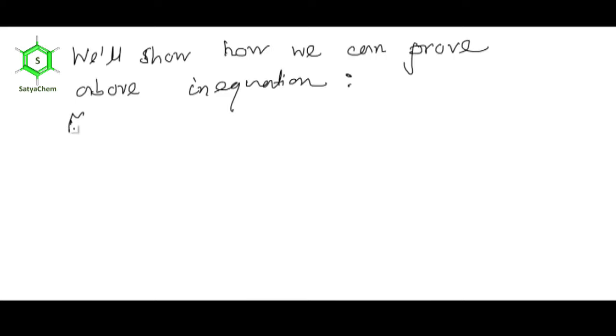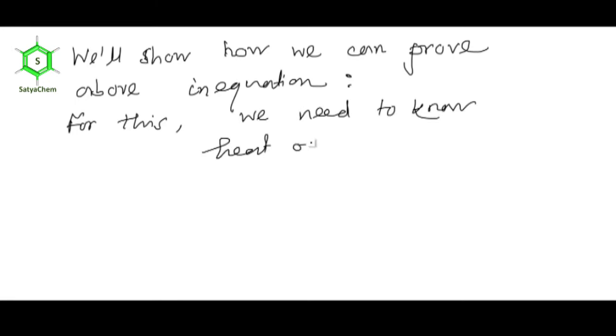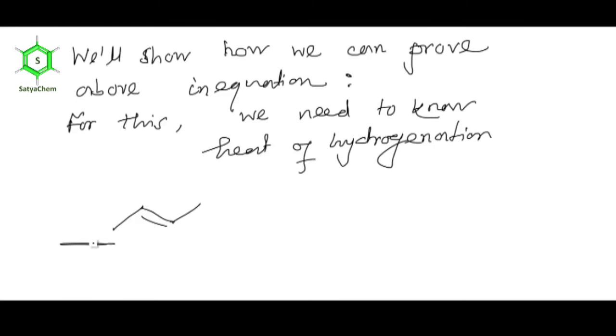For this, we need to know the heat of hydrogenation. An organic chemist uses heat of hydrogenation data to measure the stability of carbon-carbon double bonds. Now, we'll give you some examples. Take 2-butene. 2-butene has one double bond, and when it is reduced by hydrogen, it gives butane. The energy of 2-butene is E1 and the energy of butane is E2.